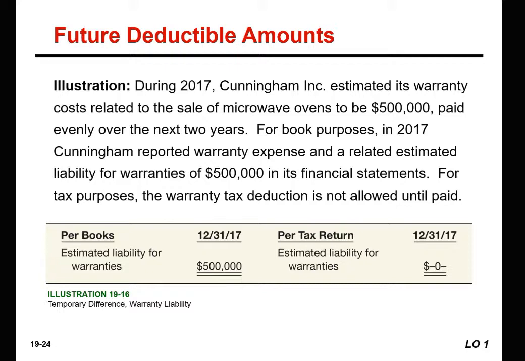For book purposes, in 2017, Cunningham reported warranty expense and a related estimated liability for warranties of $500,000 in its financial statements. For tax purposes, the warranty tax deduction is not allowed until it's actually paid. A lot of the IRS prescription is closer to cash than accrual, but really it's very much a hybrid.